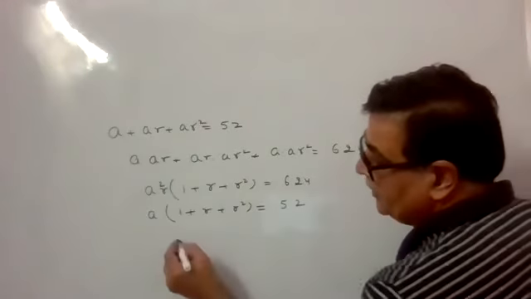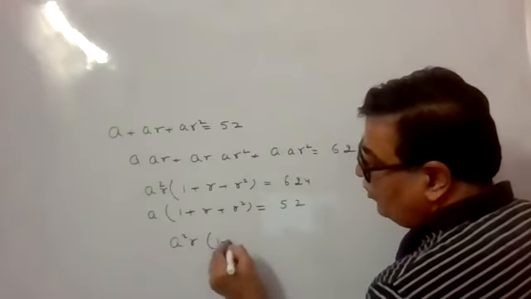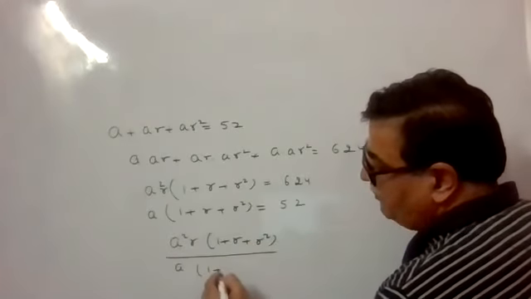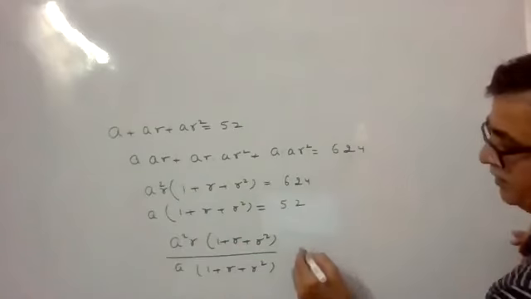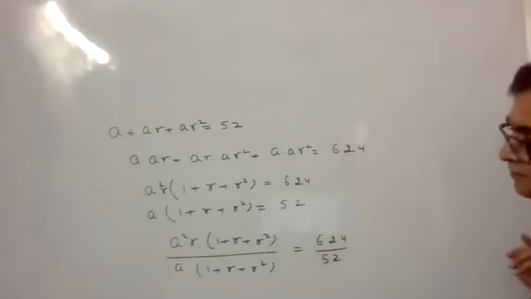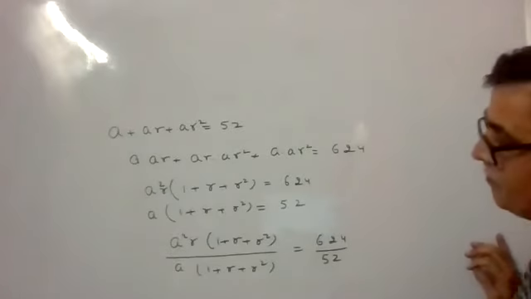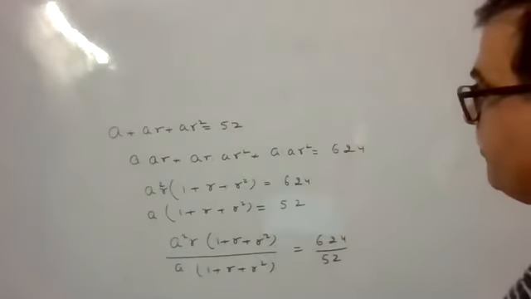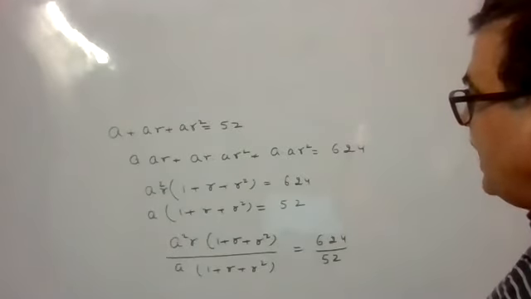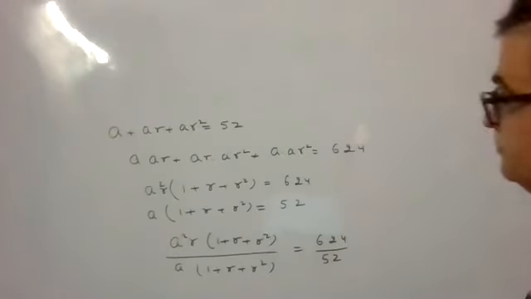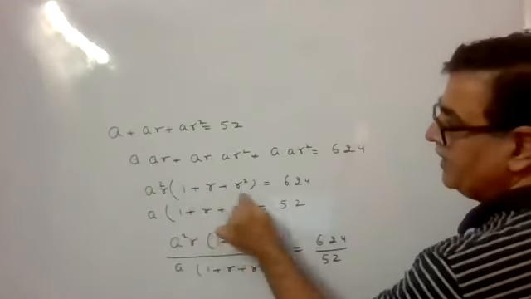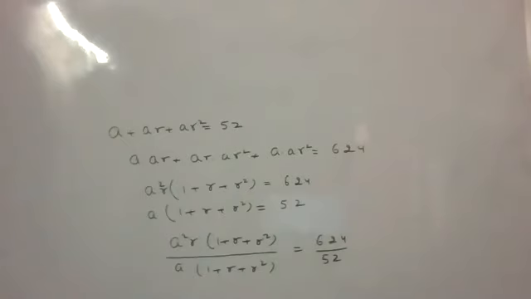First we divide these two: A square R times (1 plus R plus R square) divided by A times (1 plus R plus R square). 624 by 52 is 12. So A square R bracket 1 plus R plus R square, one R goes outside.